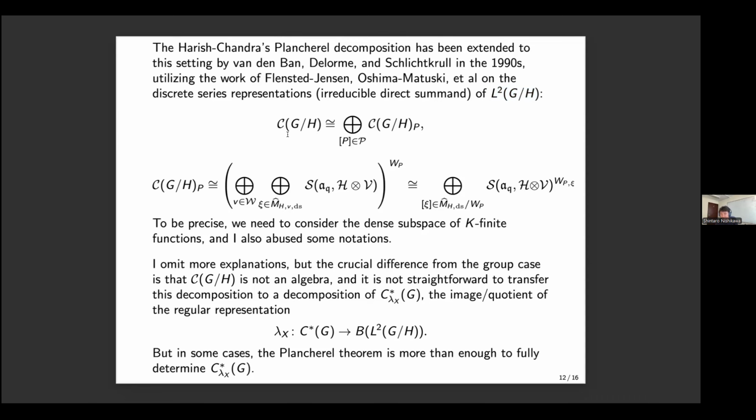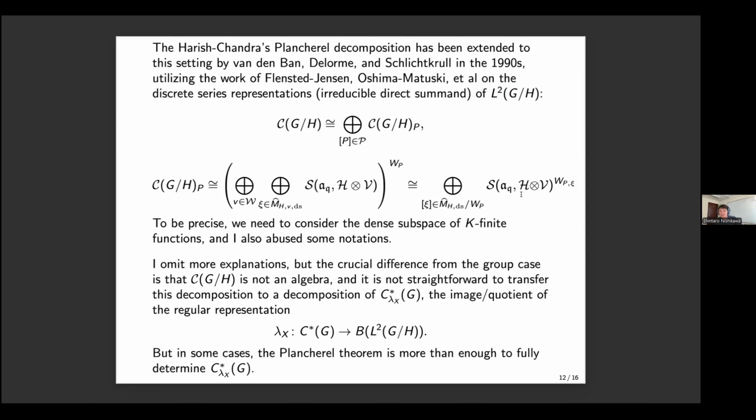So again, I'm sorry for skipping detail, but there's a Schwartz space, C of G/H, that's a smooth subspace of the L2 space. And that again decomposes into a finite direct sum of nice pieces. And then each piece looks like what we saw in the group case. It's some Schwartz space of functions valued in a vector space, and then you take the fixed points by some root reflections. You see many technical notations here, but you can ignore them. I just want to tell you that it's a miracle that you have an analogous story like this.